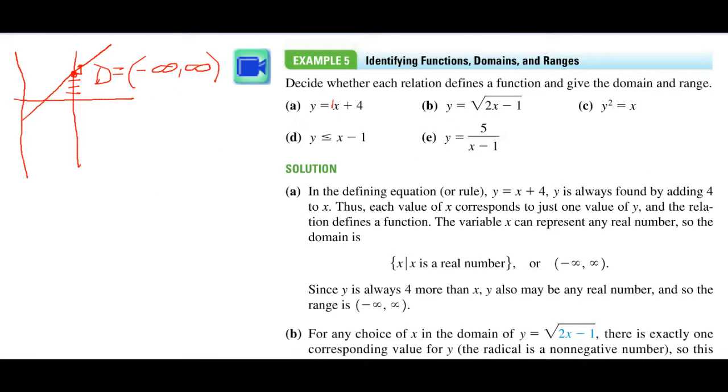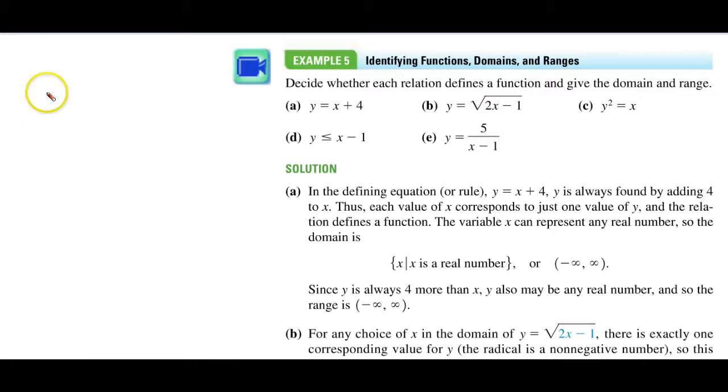Now for letter B, we had said that in order for this to be a real number, under the radical sign this has to be 0 or greater. It cannot be a negative number, because then you would have imaginary numbers, which we said we're not using in this, or at least at this time.